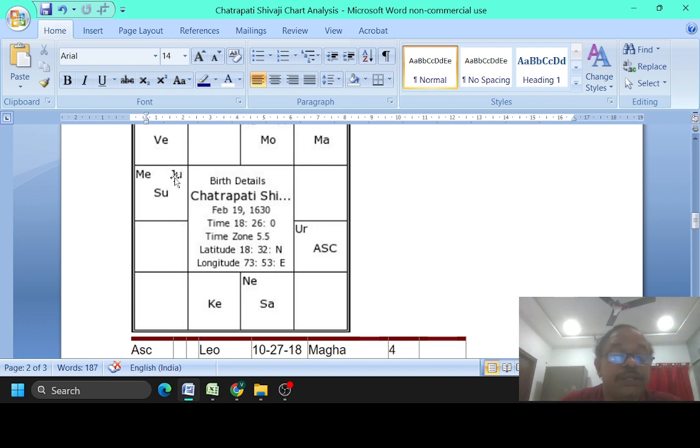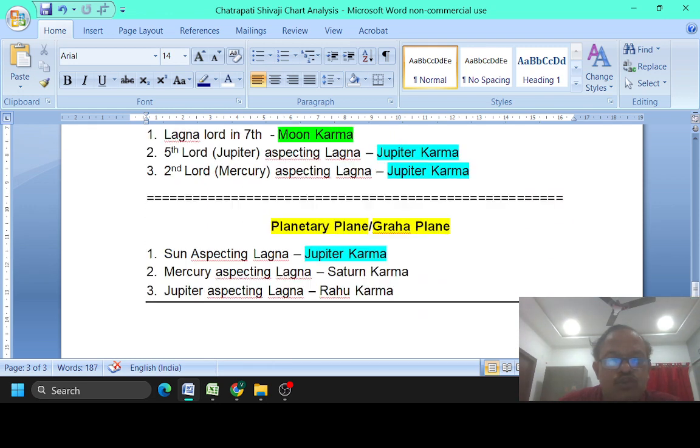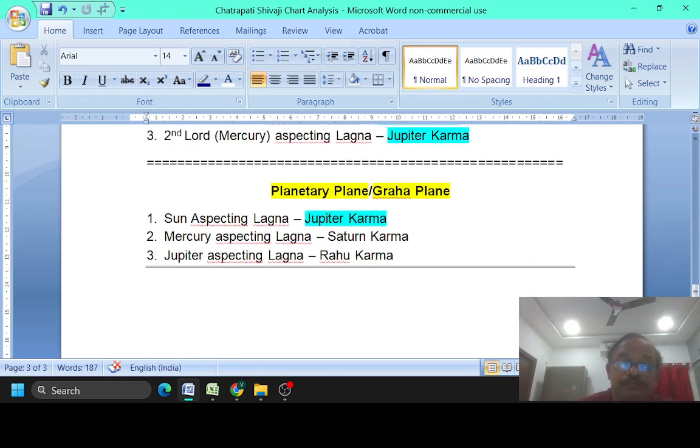There are three planets aspecting Lagna and no other planet aspects it. Whenever Sun, Moon or Mars aspect Lagna, they impart Jupiter karma. Mercury, whenever it aspects Lagna, gives Saturn karma, and Jupiter, whenever it aspects Lagna, gives Rahu karma.